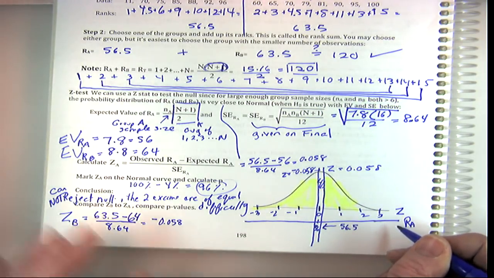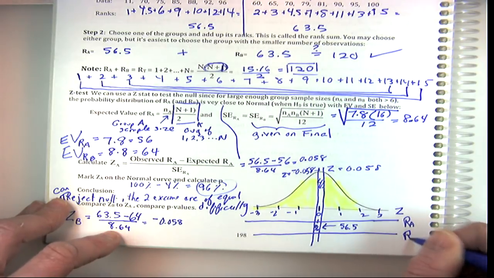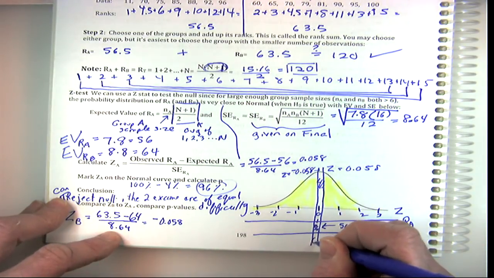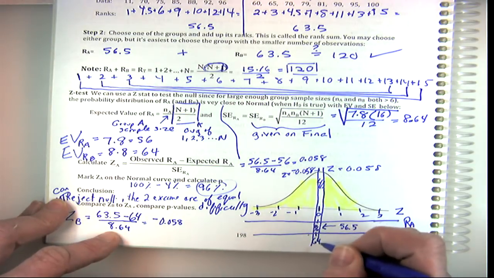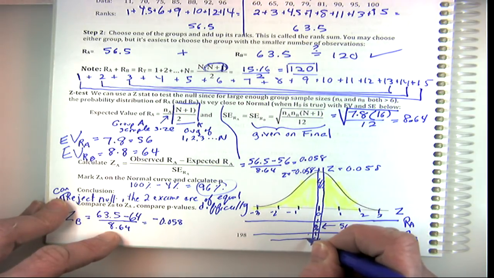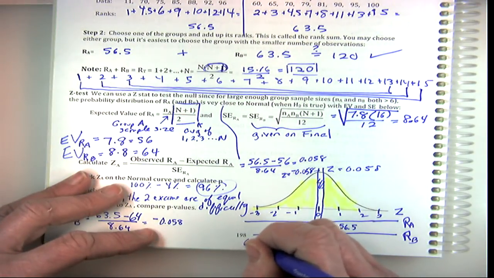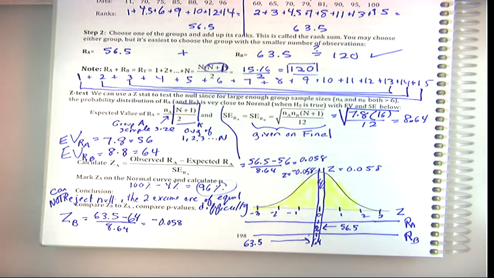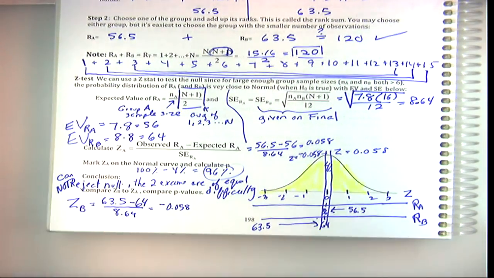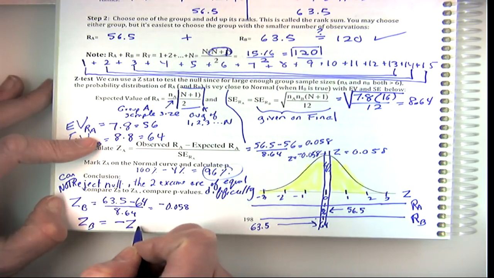So this right here would be, let's draw a new axis. If we did RB, we'd have 64 in the middle. And here's where this little thing right here is 63.5. So the idea is ZB is just going to have the opposite sign of ZA.